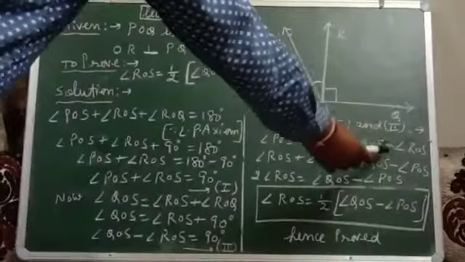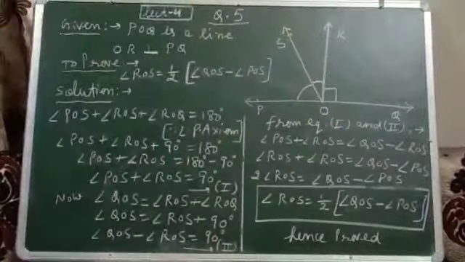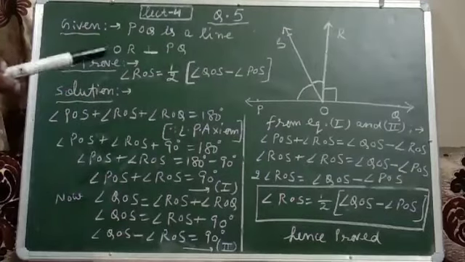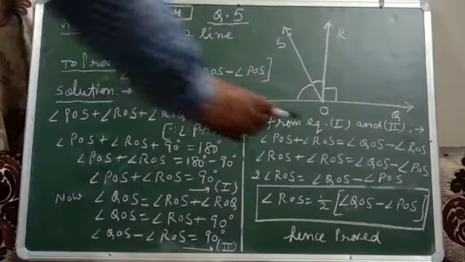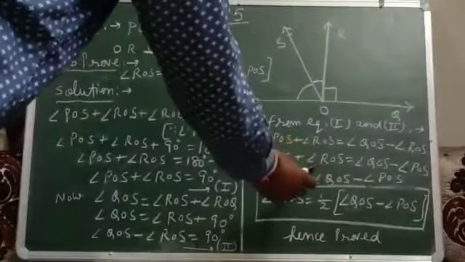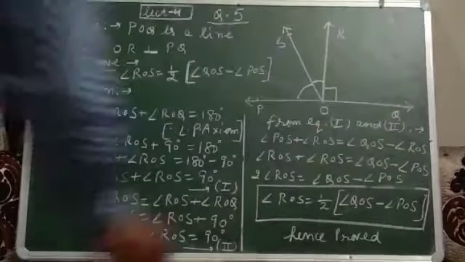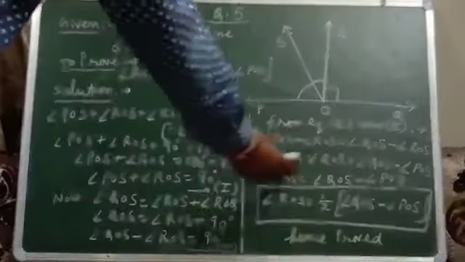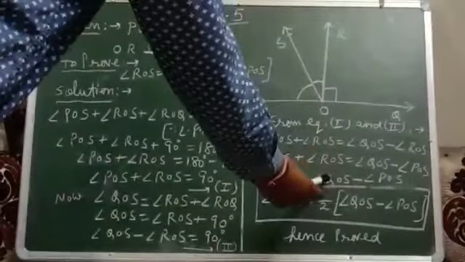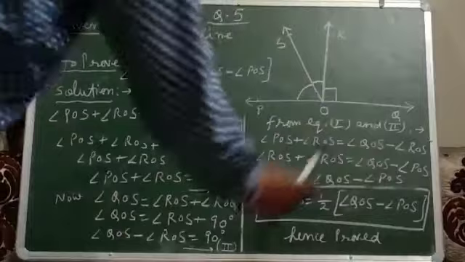This minus ROS on the right hand side will become plus on the left hand side. Angle QOS as it is, this ROS remains as it is, and this POS on this side becomes minus. So ROS plus ROS becomes 2 ROS. So angle QOS as it is minus angle POS as it is.